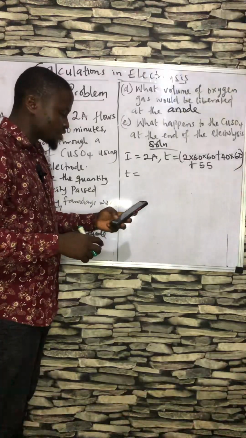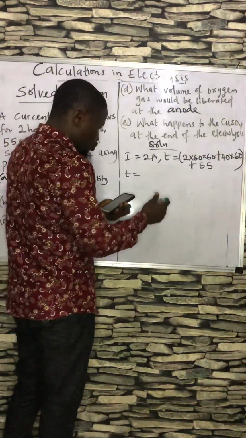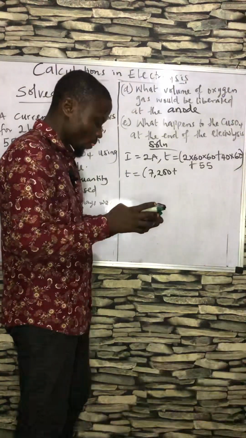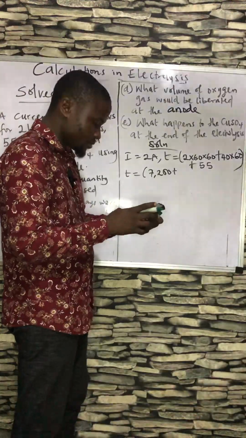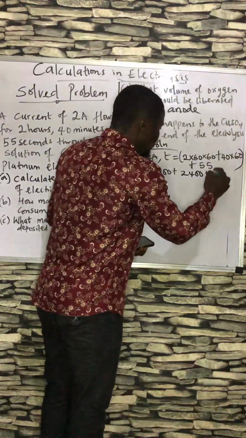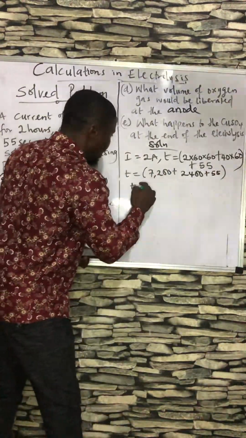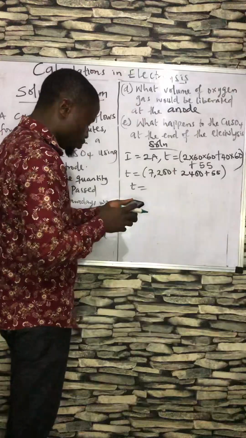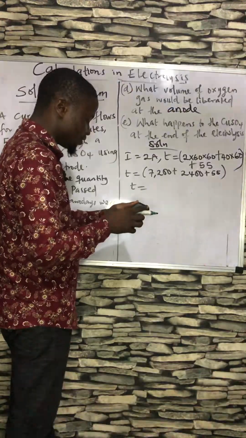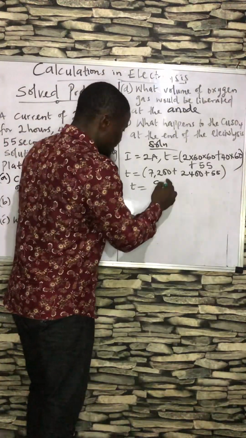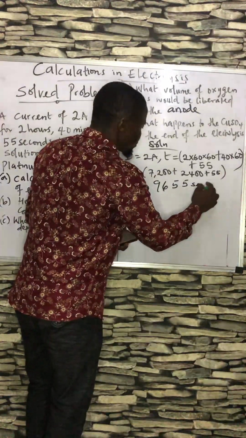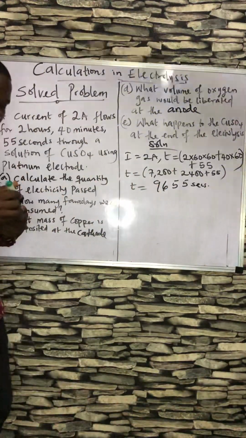So 2 times 3,600, that is 7,200. 7,200 plus 40 times 60, 2,400, plus 55. It therefore means your time is equal to 9,655 seconds.